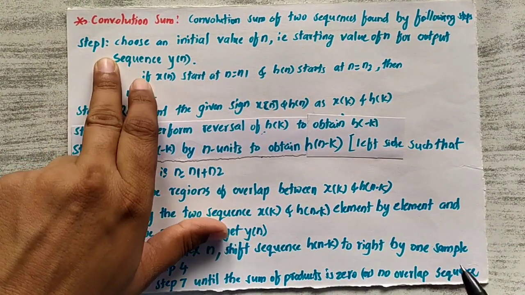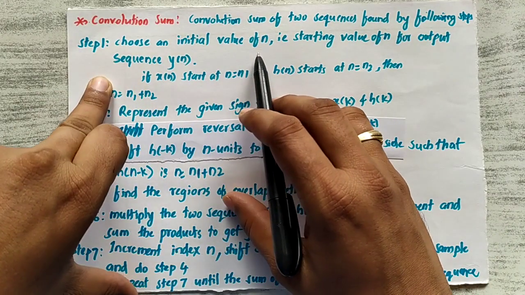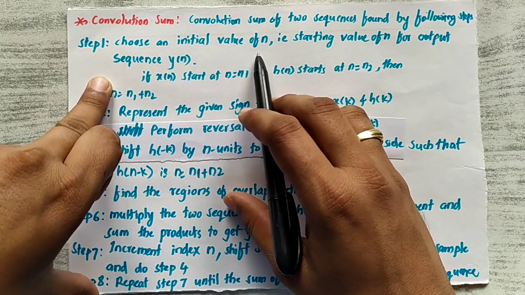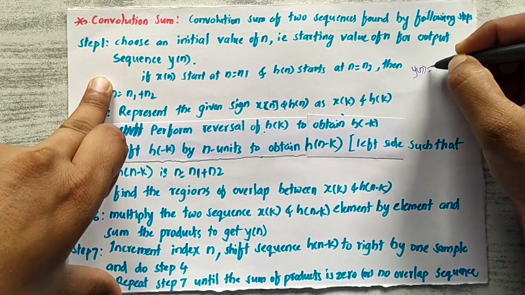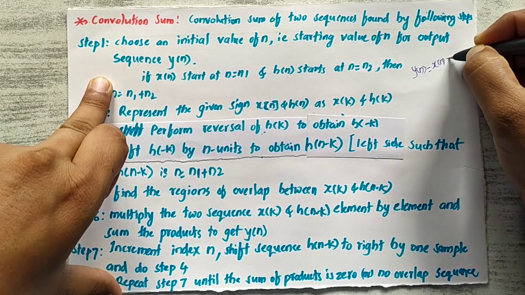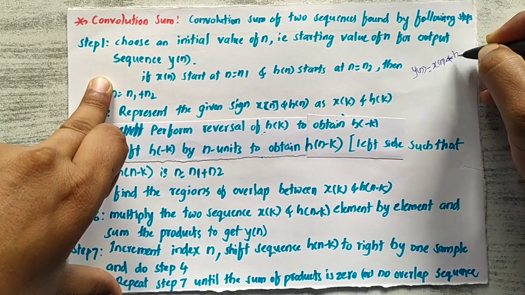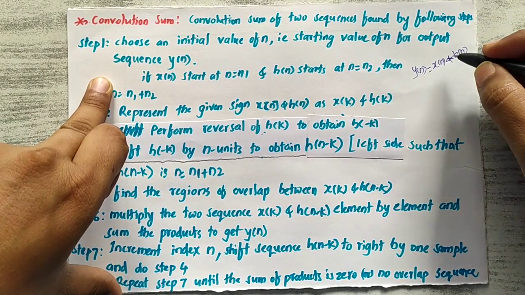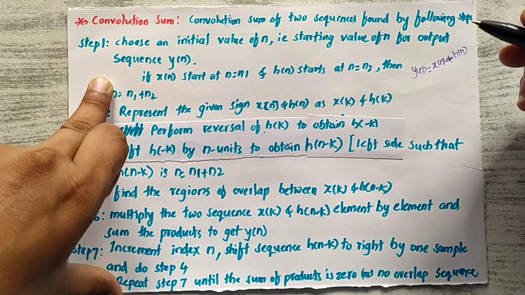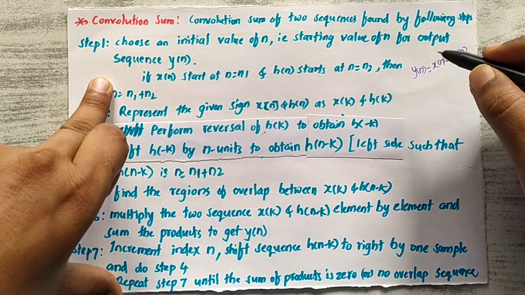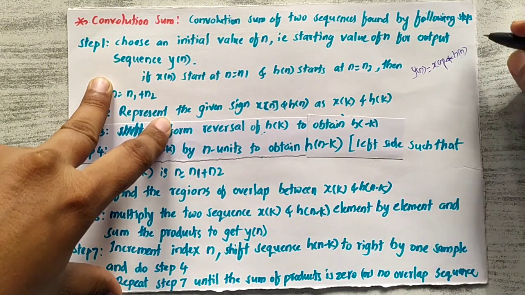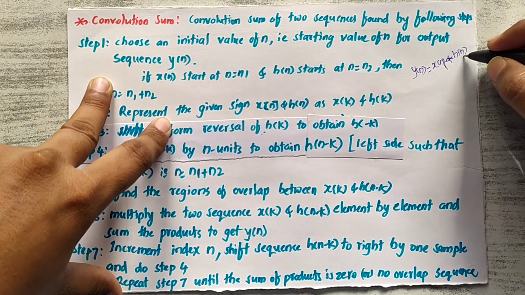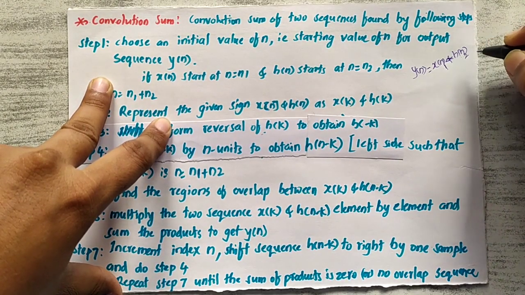First step says choose an initial value of n. How to choose an initial value of n for y of n? Because y of n is x of n convolved with h of n. x of n can have a different starting point, say n1, and h of n can also have a different starting point, say n2.